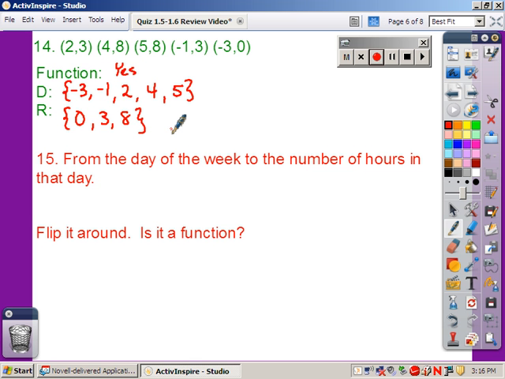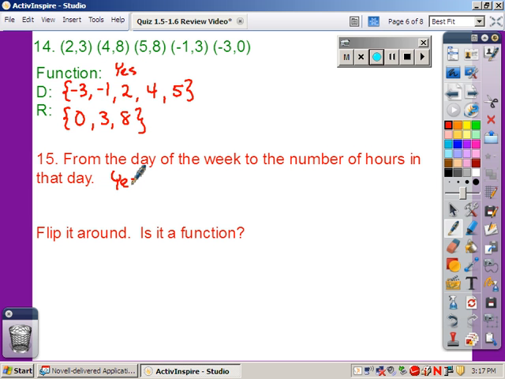So Tuesday. Do we only get 24 hours as an answer? That's yes. If I said Wednesday, how many hours do I get? 24. Again, even though it's the same answer, that doesn't matter. What matters is if I enter one day, do I get one answer for the number of hours? Which you do. So this answer is yes.